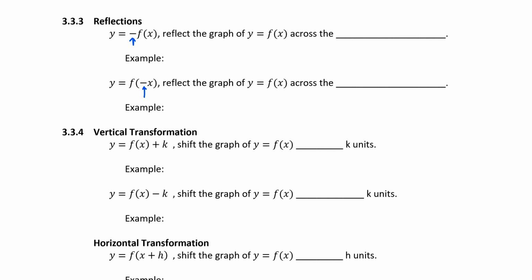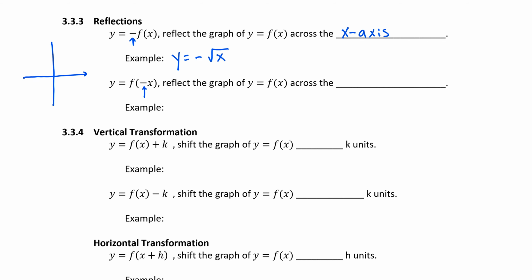y equals negative f of x reflects the graph of y equals f of x across the x-axis. For example, negative square root of x is the reflection of the original function across the x-axis.